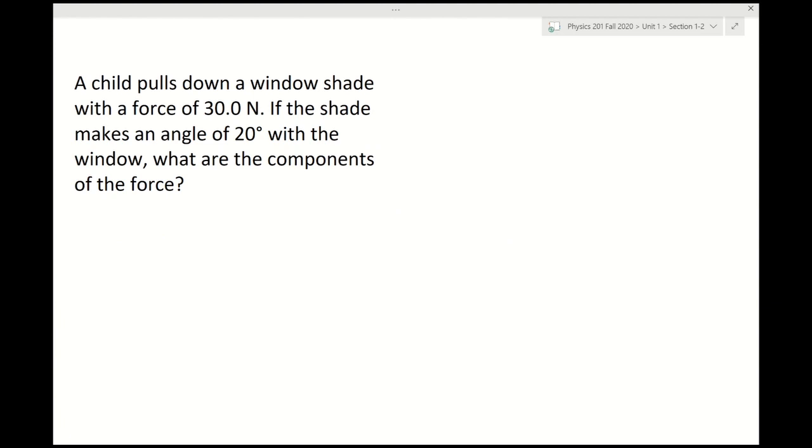So in this example, a child pulls down a window shade with a force of 30 newtons. Now don't worry yet about what newtons are, they're just some unit of measure. There's 20 degrees. We need, in this case, our x and our y components.